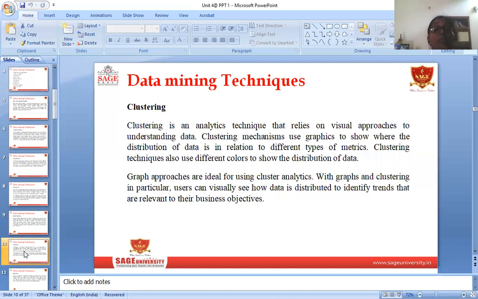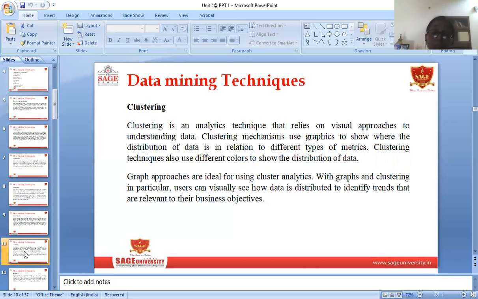What is clustering? Clustering is an analytics technique that relies on a visual approach to understanding the data. Clustering mechanisms use graphics to show where the distribution of the data is in relation to different types of metrics. Clustering techniques also use different colors to show the distribution of the data.